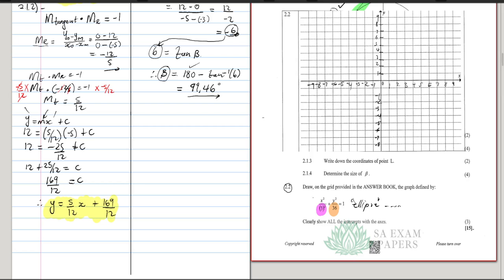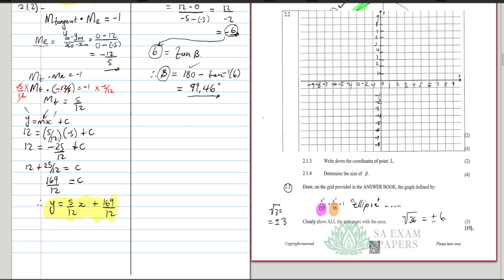The square root of 3 squared is equal to plus minus 3, and the square root of 36 is equal to plus minus 6. That is the easy way out of this one, right?